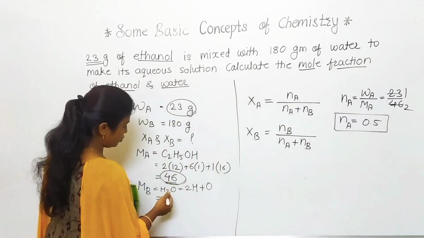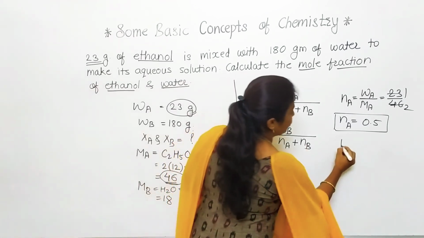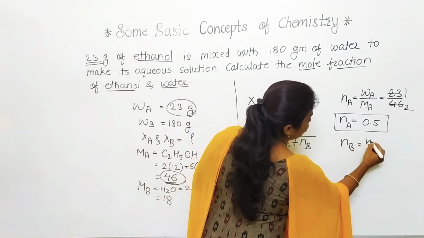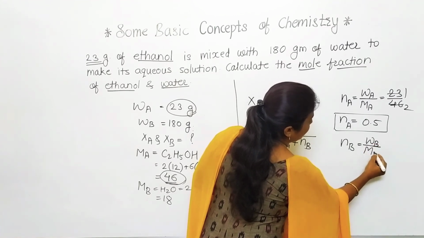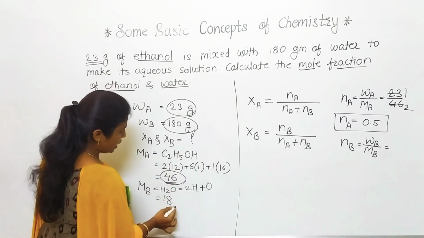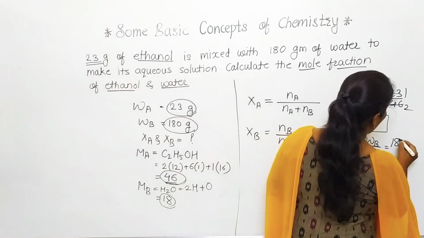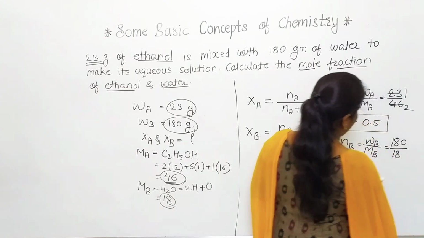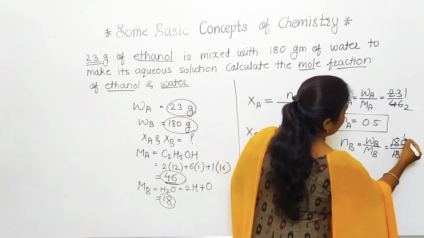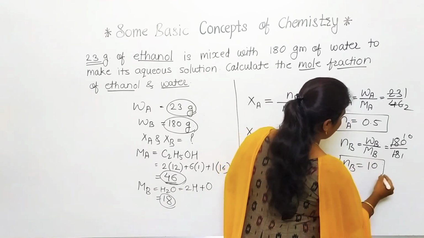Now it's time to calculate the number of moles of solvent. Nb is equal to WB divided by MB. WB is 180 and MB is 18. So 180 divided by 18, 18 tens, means 10 moles of solvent.